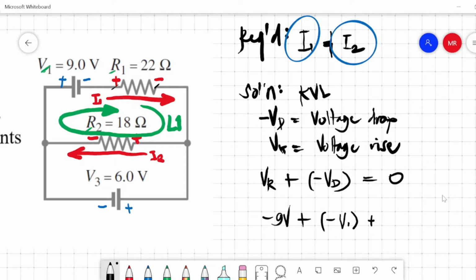Therefore, it is also a voltage drop, plus negative V2 is equal to 0 because there are no more elements involved.